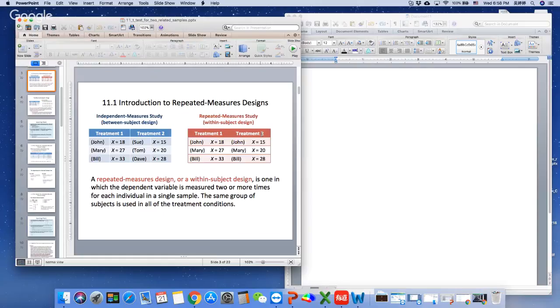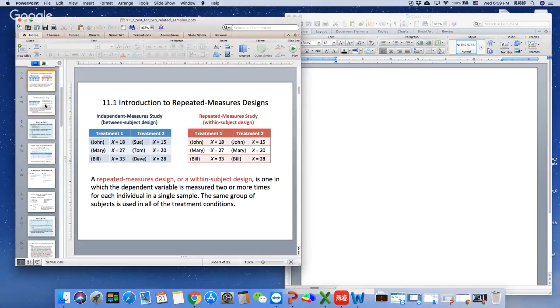We have the same group of participants in the study, and they are used in all of the treatment conditions. For the paired t-test, there are 2 conditions in total. So for the repeated measure study, we have one group of participants and 2 scores for each participant.